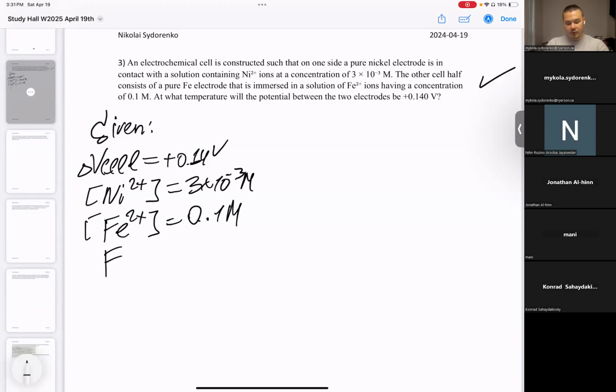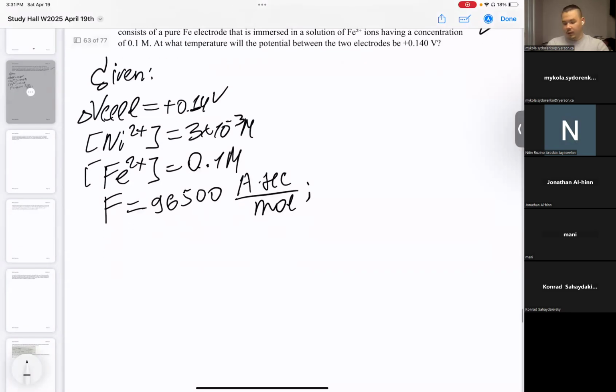And the F, which is our Faraday number, is 96,500 ampere second per mole. And our gas constant is 8.314 joules per kilogram Kelvin.